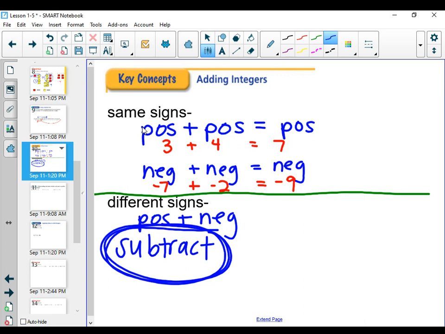So you're actually losing some data. Turns out we need a subtraction symbol. So if I have 5 plus -2, the -2 subtracts 2 positives and leaves me with 3.